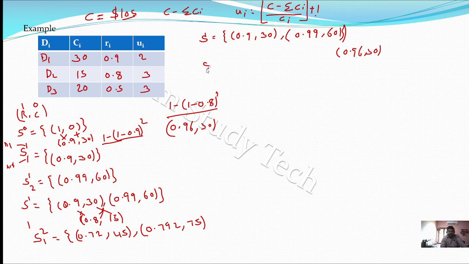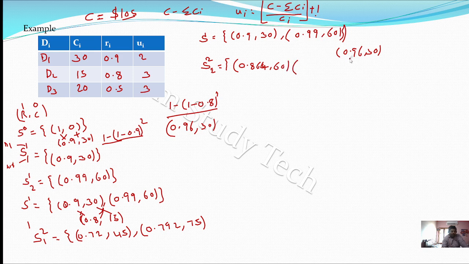Now you can prepare S2 with 2 copies. That is 0.9 into 0.96, which is 0.864, comma, 30 plus 30, that is 60.